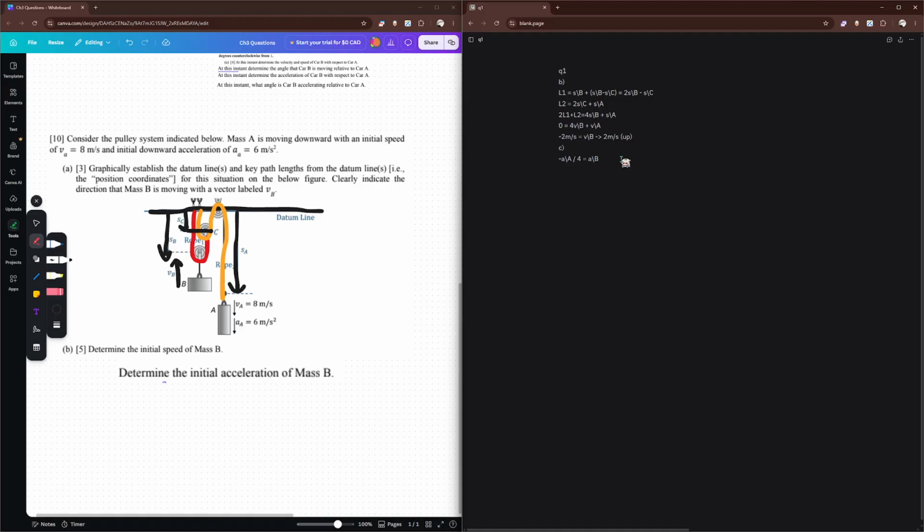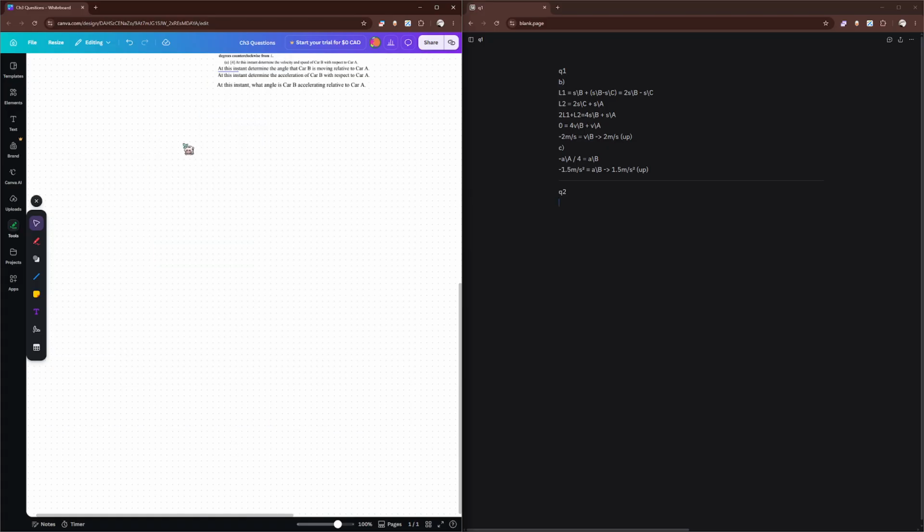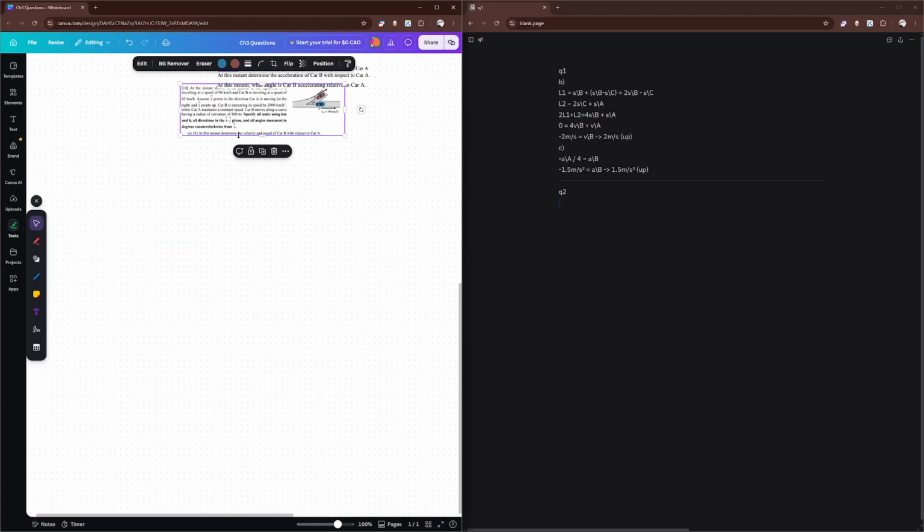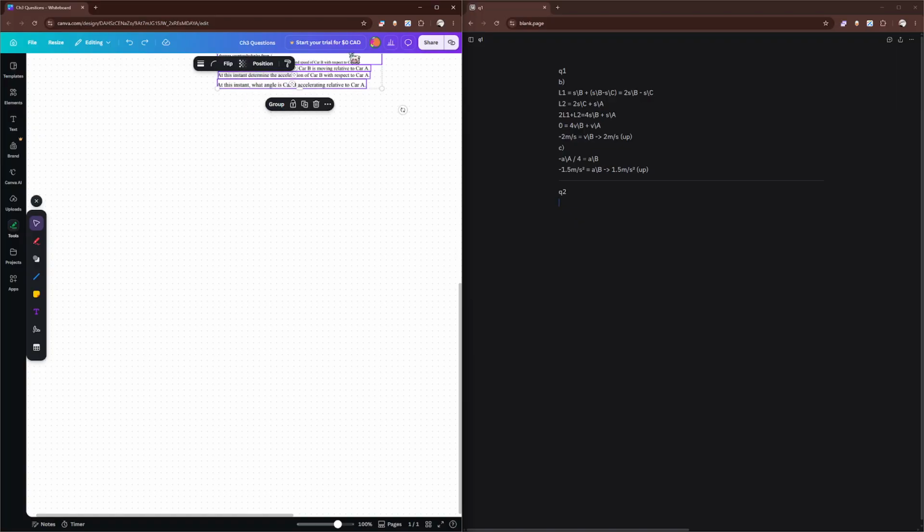We plug in our values again: negative 6 over 4, which is negative 1.5 meters per second squared, is equal to AB, which is the same thing as 1.5 meters per second squared up. And that's that question. Very easy, very straightforward. And on to this one.